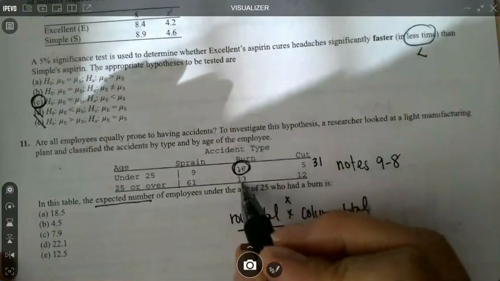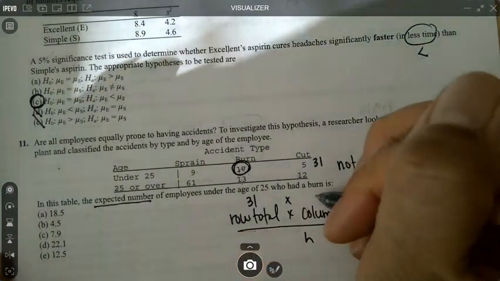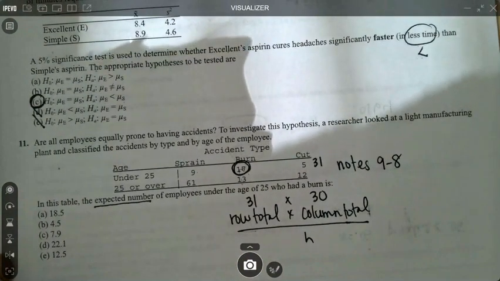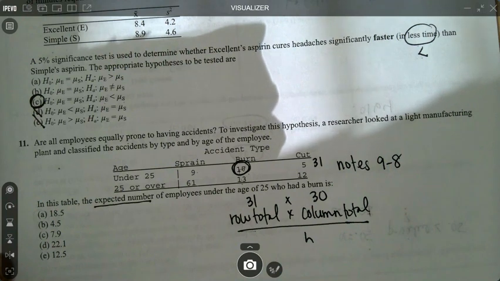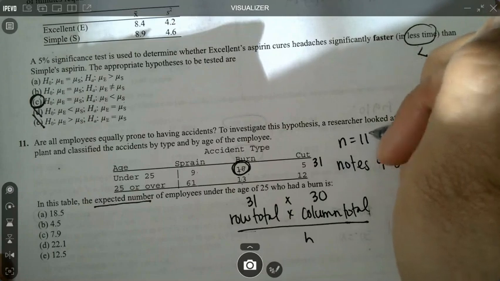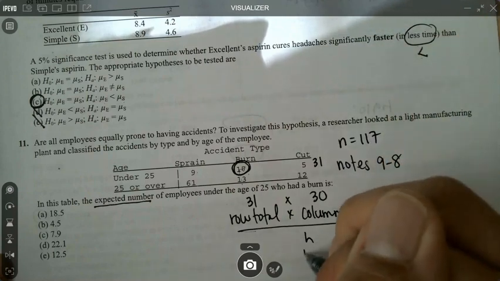So it's going to be 31 times our column total. Well, 17 plus 13, that's 30. And then our total, I'm going to add these all together: 17 plus 5 plus 61 plus 13 plus 12. In this case it's going to be 117, so that's divided by 117.